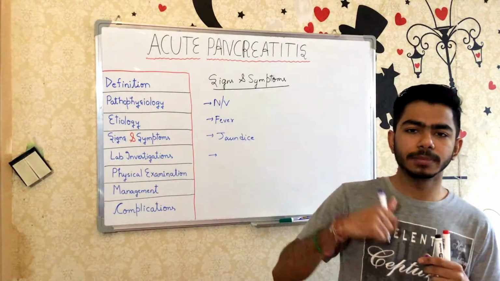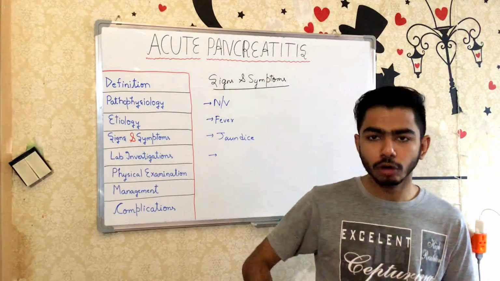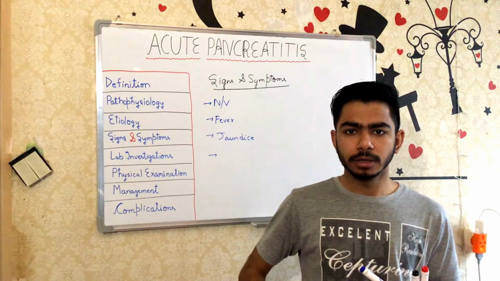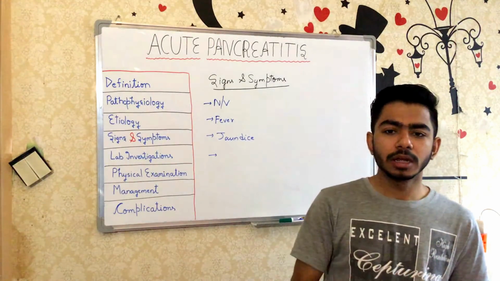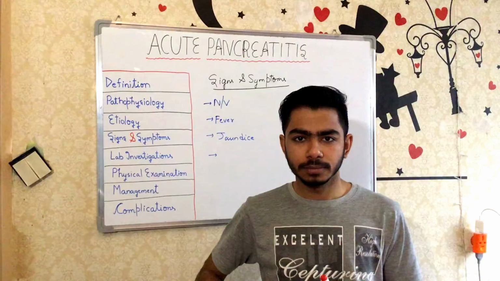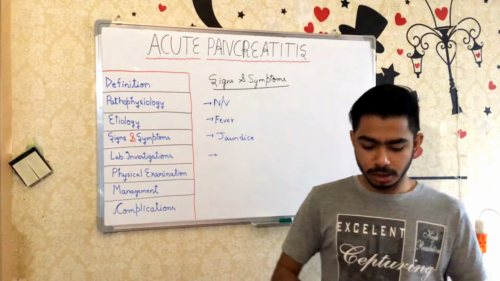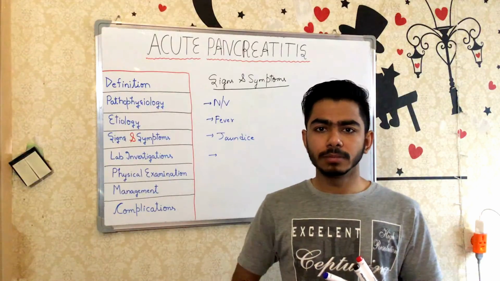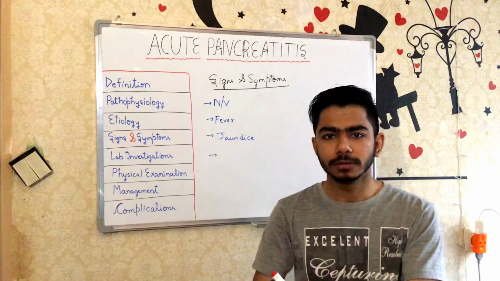Remember in appendicitis, I've told you that there will be the pain in the right lower quadrant. In cholecystitis, I told you the pain would be in the right upper quadrant. And in acute pancreatitis, the pain will be central epigastric pain, because the pancreas is situated just behind the stomach in the retroperitoneal position.